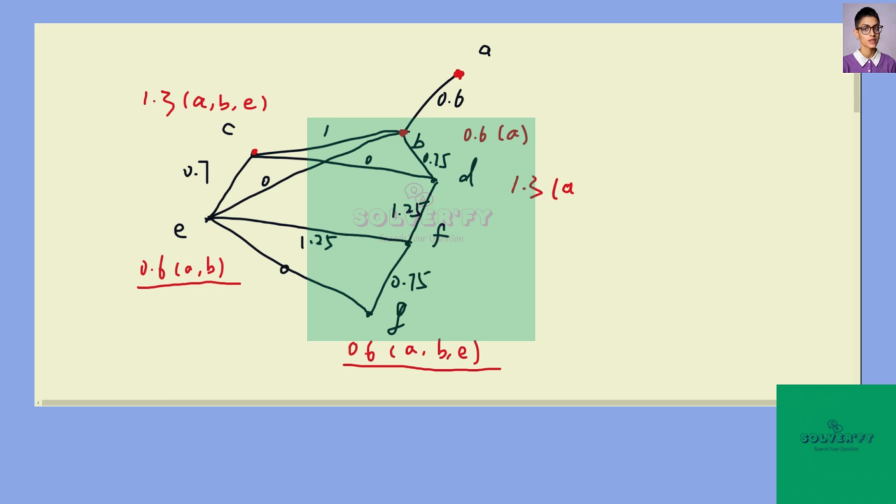So it is A, B, E, and C. And we can check how we can go to F. We can either go from G, go from E, or go from D. It's clear that if we go from G, it will have the smallest cost, which is 0.35. It's A, B, E, G. Right? Up to now we have all of the answers.